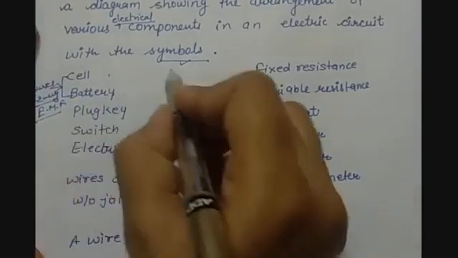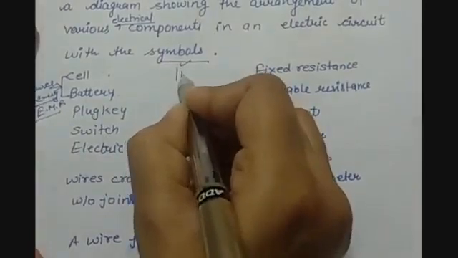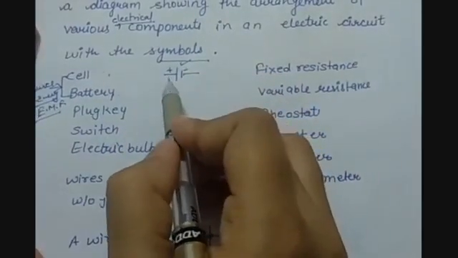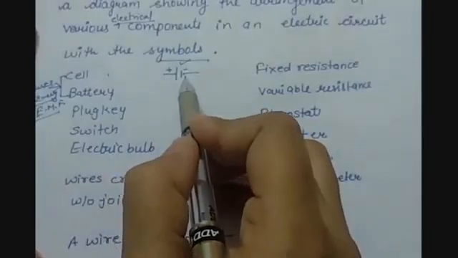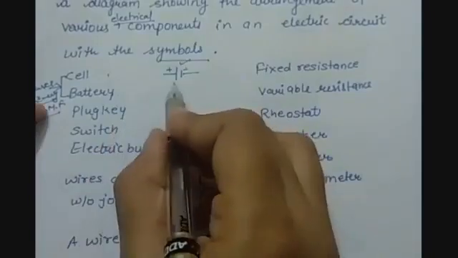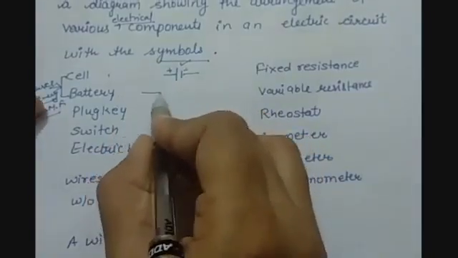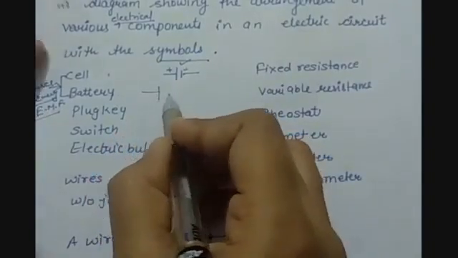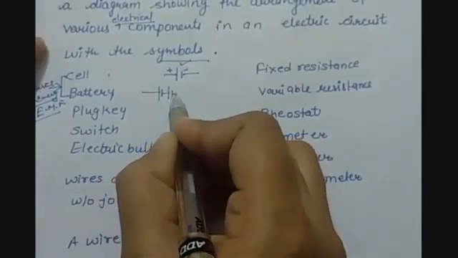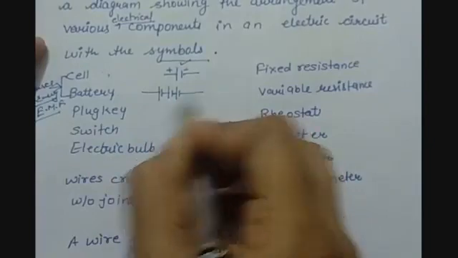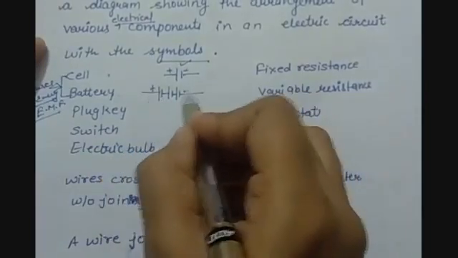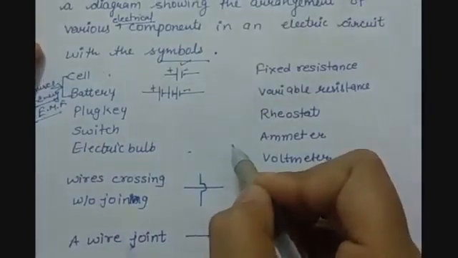For the cell we have a symbol where the bigger line is the positive terminal and the smaller line is the negative terminal. A battery is a combination of cells, so it will be two or more cells. This is the final positive terminal, and this is the final negative terminal of the battery.